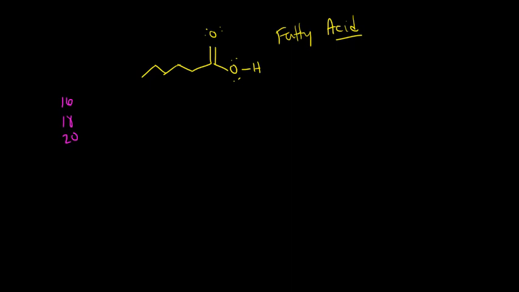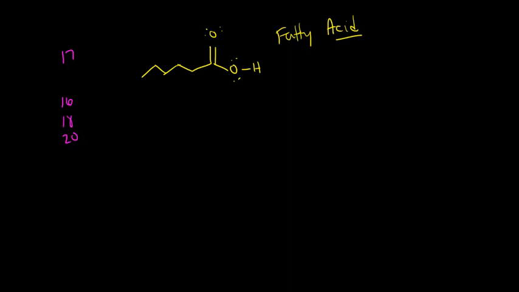We can definitely go larger or smaller depending upon what animal or bacteria we're talking about, but this range of 16 to 18 to 20 tends to be pretty common. It's very rare to have an odd number of carbons in the chain length. So it would be very rare to find 17 carbons in your carbon chain.